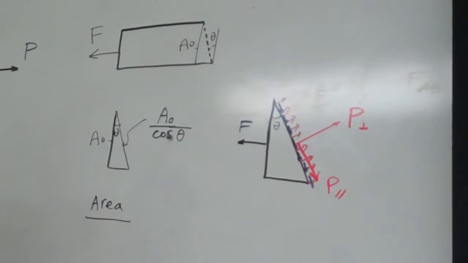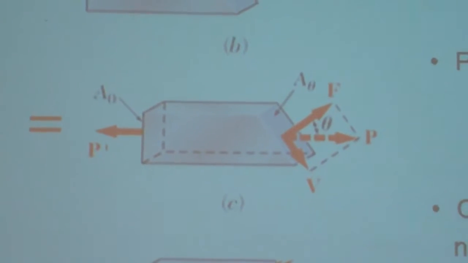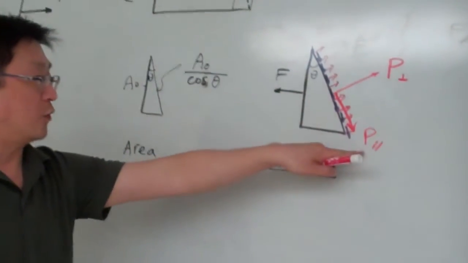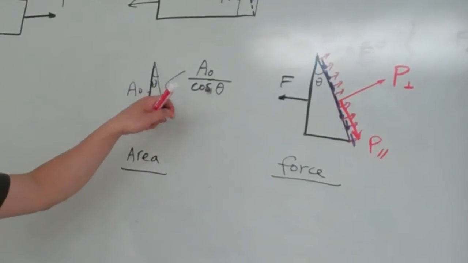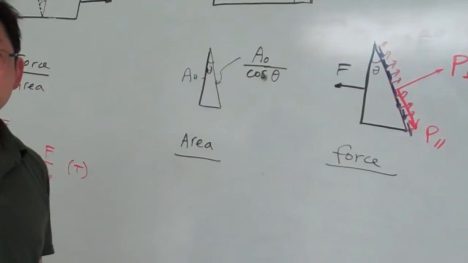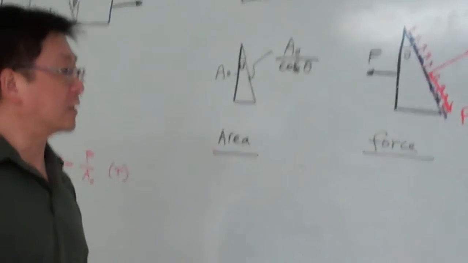Before we do the detailed calculation, we should have this recognition. So this is about the force. You see right now we have the area and the force components. We simply divide each force component by the area, then we will get the normal stress or shear stress. That's the concept.